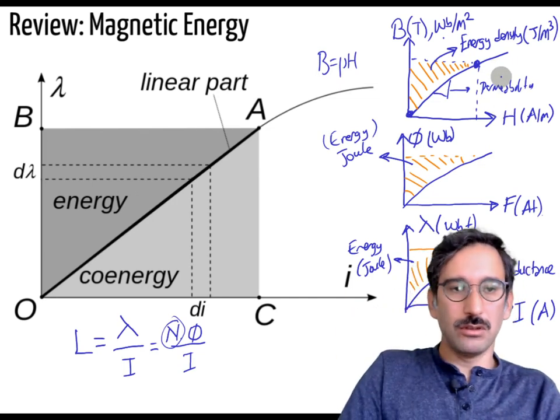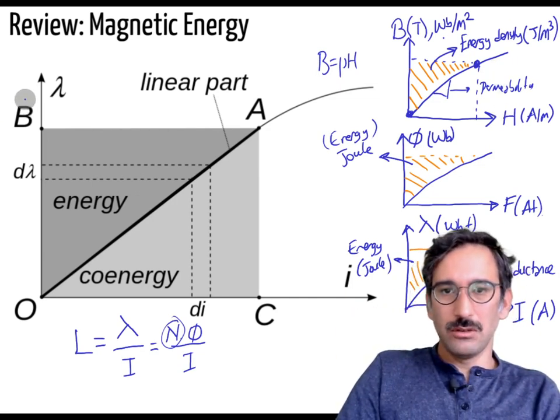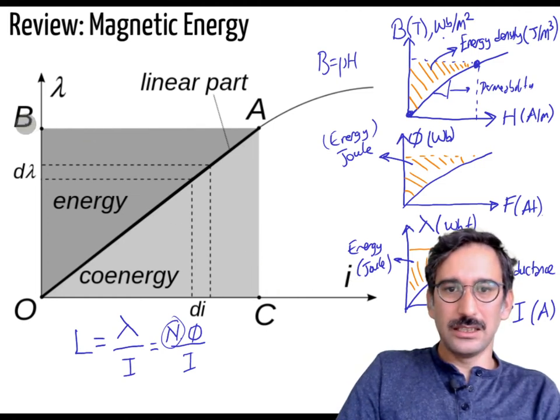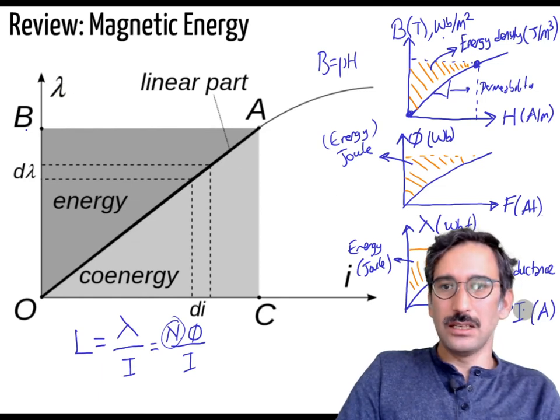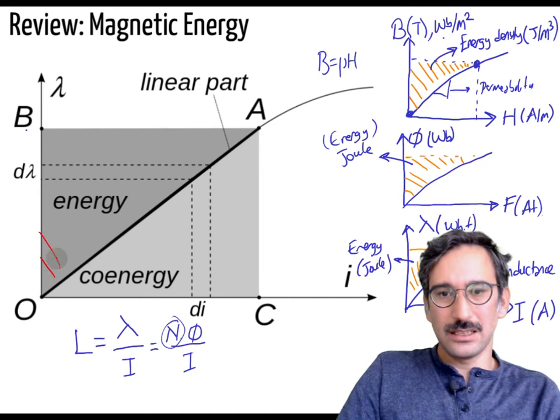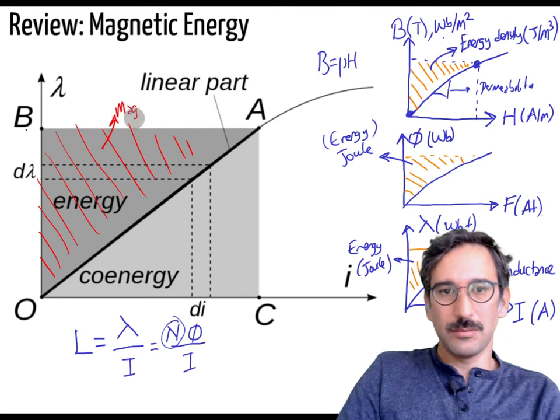Anyway, long story short, it can be written either as B to H or flux linkage to current, and that area on the left hand side gives you the magnetic stored energy.